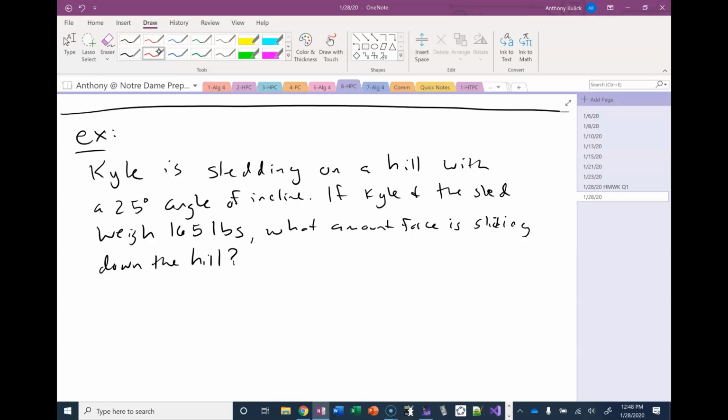So, former or current physics students, does this sound like a familiar first semester physics problem? Should sound quite familiar, right?